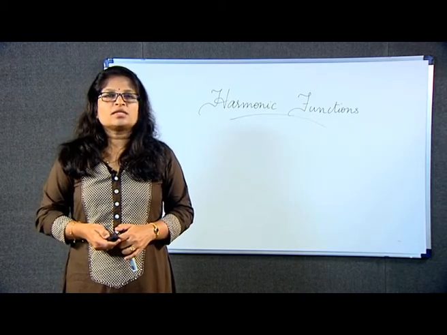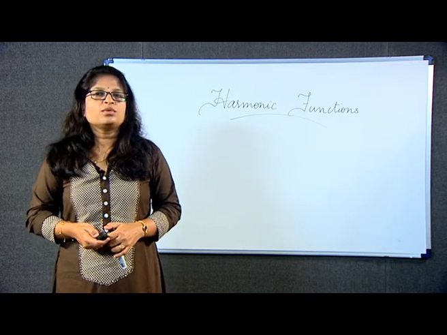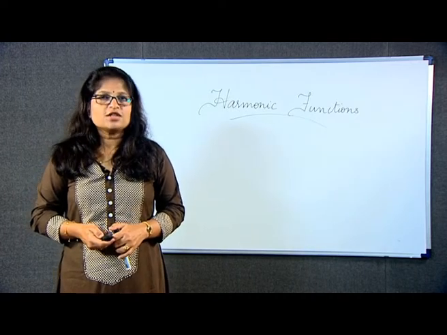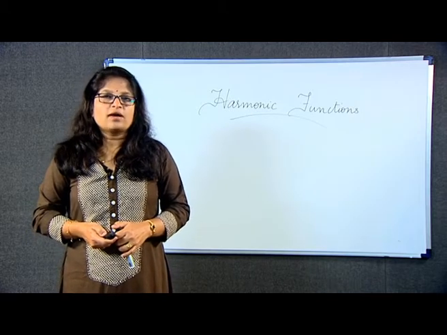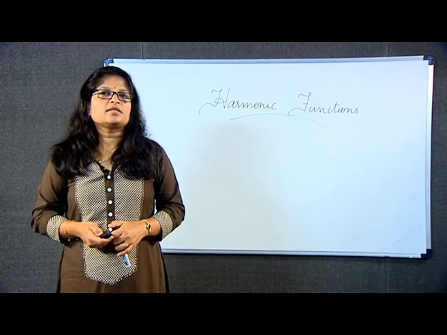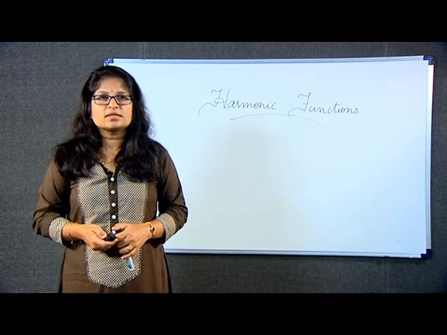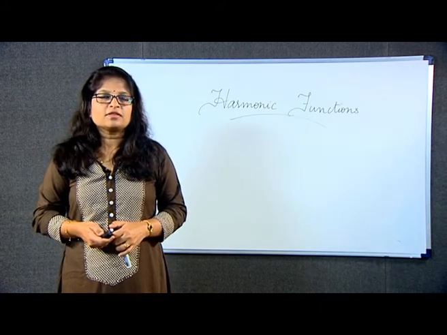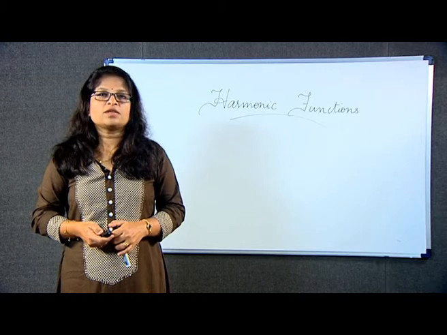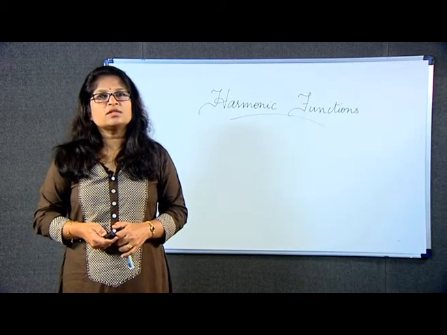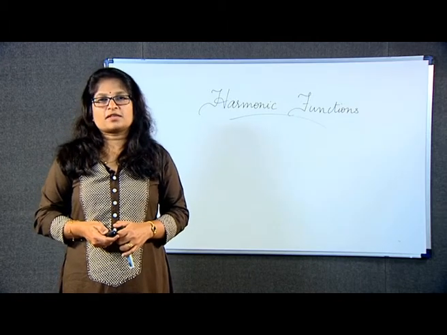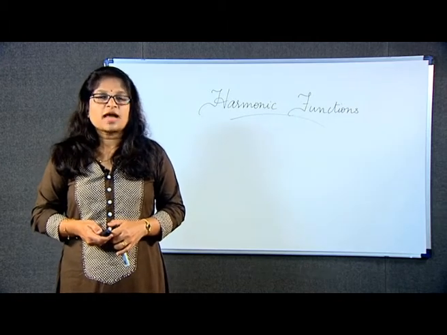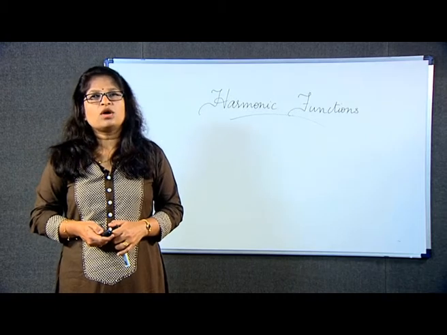To find out that function of x, what do we do? We differentiate with respect to x. ∂v/∂x is 6xy plus the derivative of that function of x. If we compare it with the second equation which you have obtained from the CR equations, you get that 6xy plus this derivative of the function of x turns out to be −1.